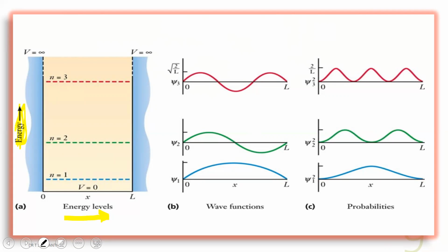If we substitute n is equal to 1, that will be called E1. And if we substitute n is equal to 2, then the value will be 4h square by 8m L square. So this will be E1 and this will be E2. Similarly, if we substitute n is equal to 3, then it is E3.